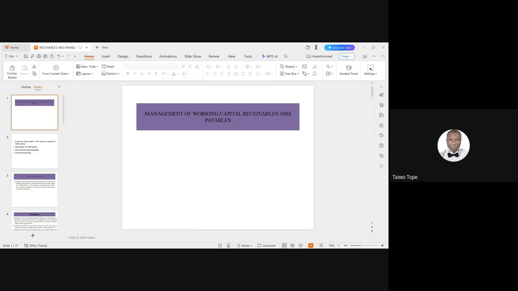So in managing these receivable aspects of your working capital, it is very important you look at the costs and benefits of giving this credit. What are the costs of giving this credit? This is very important. And one of the costs of giving credit is the issue of finance cost.